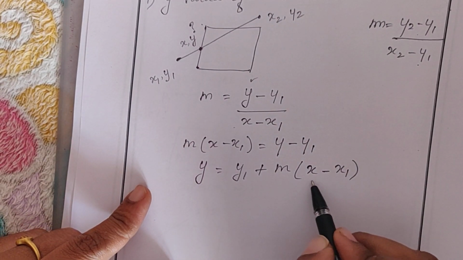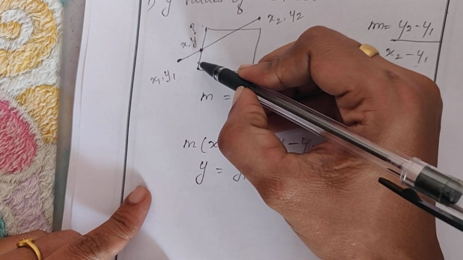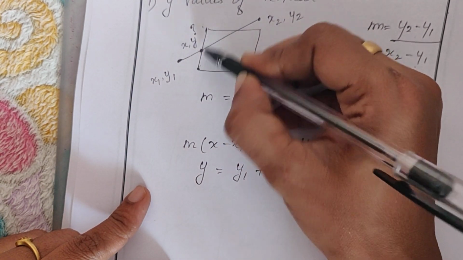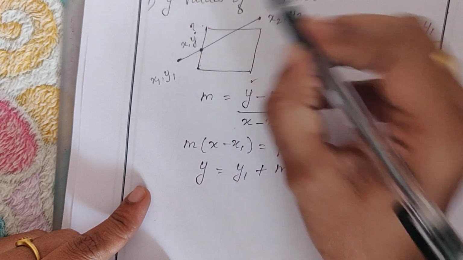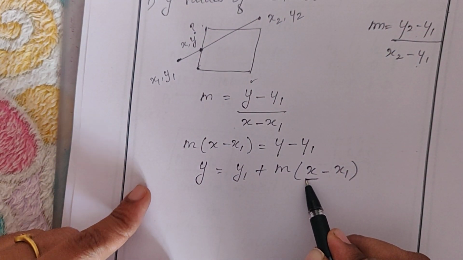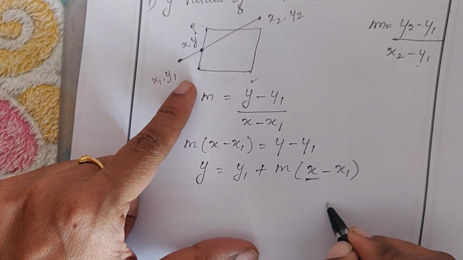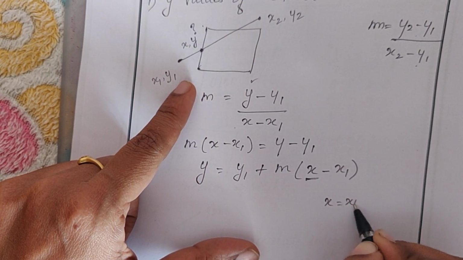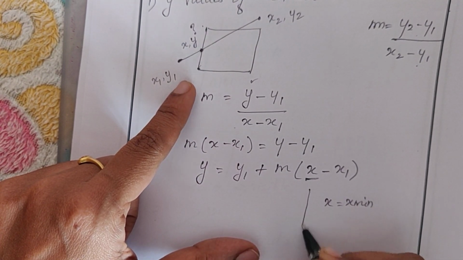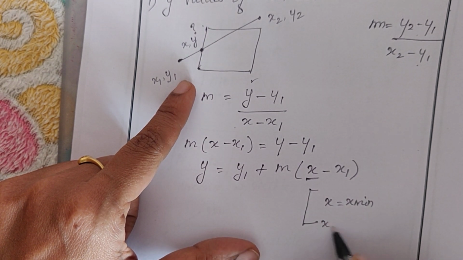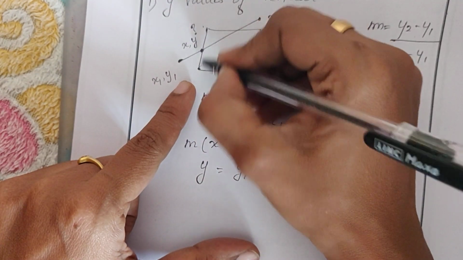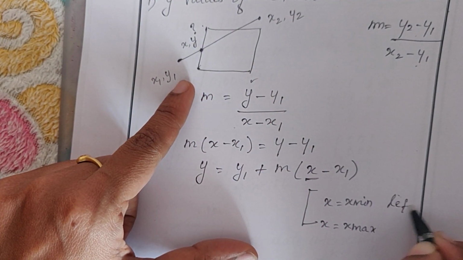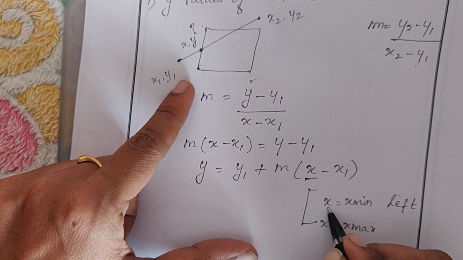Coming to this x value, I told you throughout this line x remains the same. So the x value can be x is equal to x min, or x is equal to x max. If it is the left boundary, x will be x min.